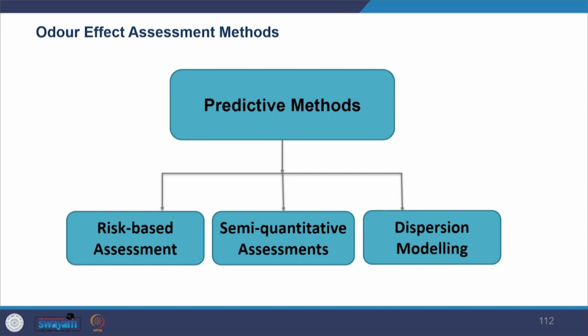You can have other semi-quantitative assessments. You can use screening models or lookup tables to predict the odour concentration. So, you look at the scenario and compare. And then third is dispersion modeling, whereby odour concentrations are predicted and compared to benchmark values. So, you compare with the accepted values.